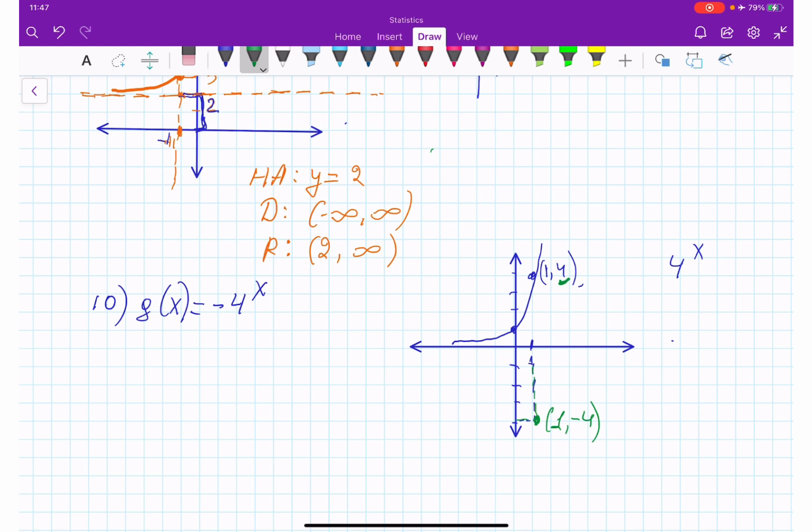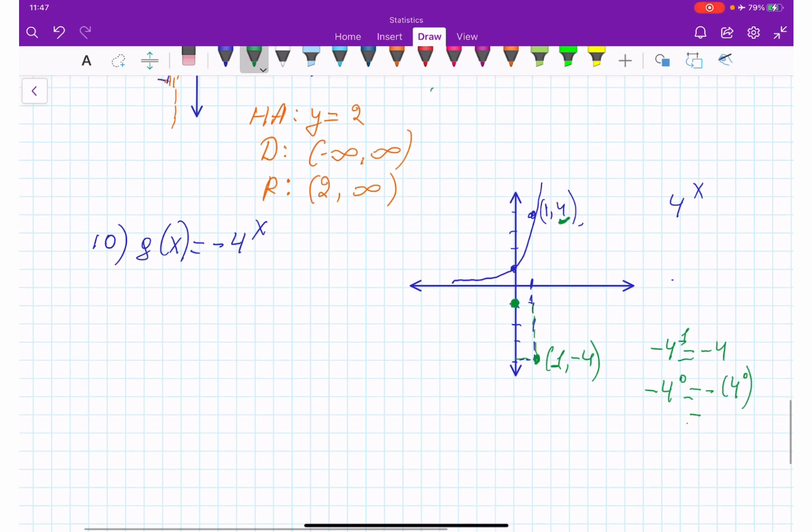Why? Because if my x is 1, then negative 4 to the power 1 is going to be negative 4. That's why we're getting negative 4. Okay? And it's going to go through 0, negative 1. Right? Because when you have negative 4 to the power 0, you are getting negative times 4 to the power 0. That's what it means. And that is equal to negative 1. Therefore, we have here negative 1.